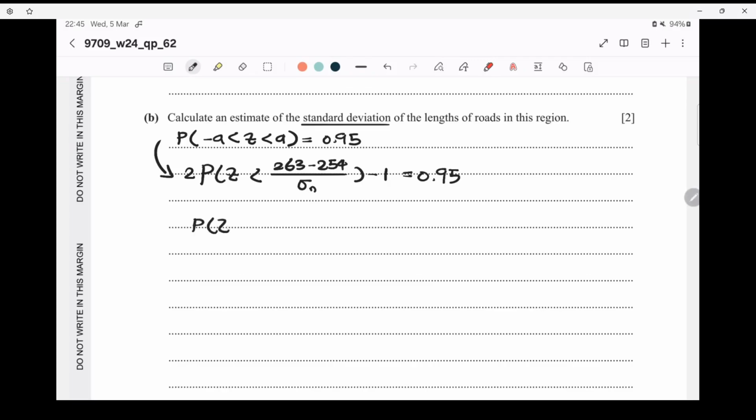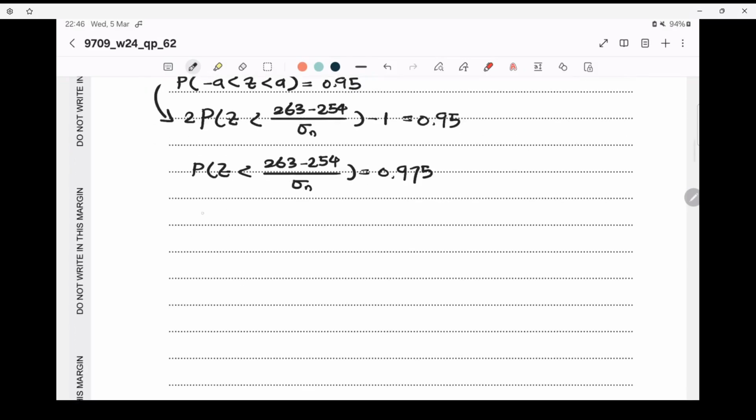So this particular value would be 0.975. So this would be 1.96, or your sample standard deviation is 4.59.